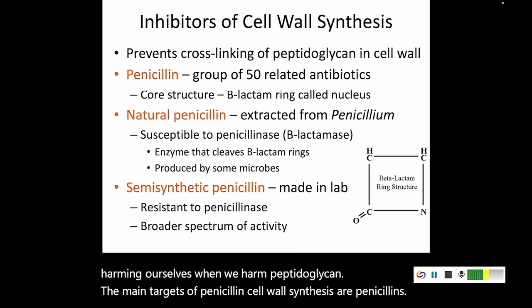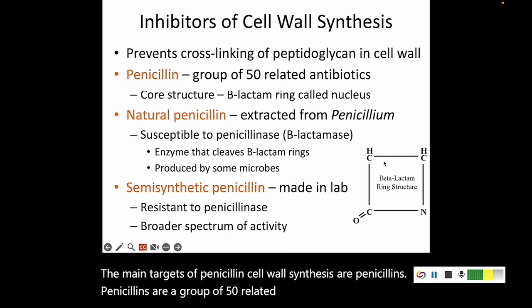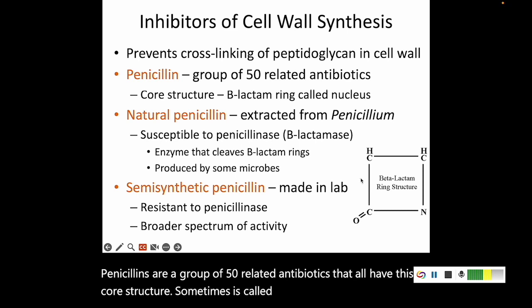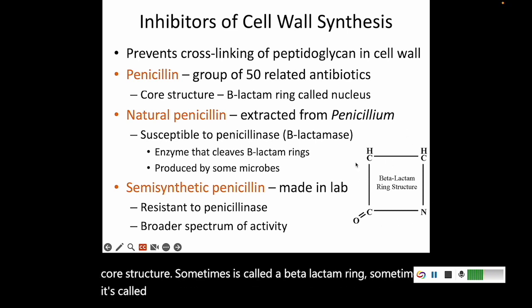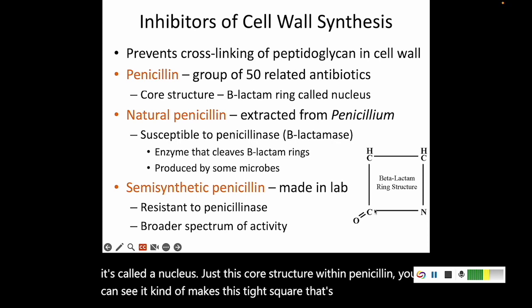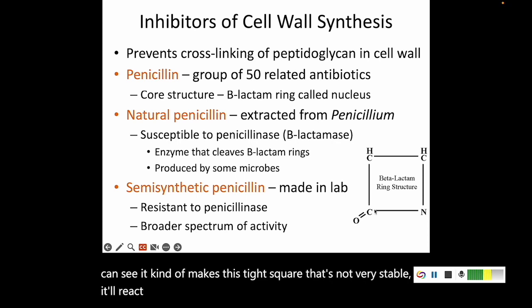Penicillins are a group of 50 related antibiotics that all have this core structure. Sometimes it's called a beta-lactam ring, sometimes it's called a nucleus. Just this core structure within penicillin. You can see it kind of makes this tight square that's not very stable, so it'll react with that cell wall to break that cell wall down.